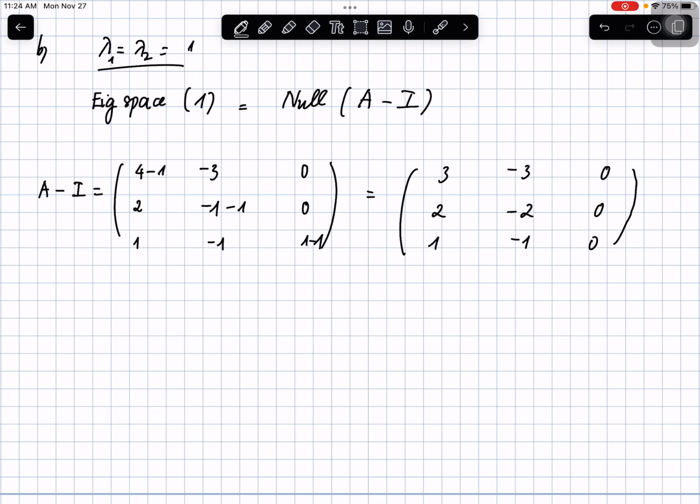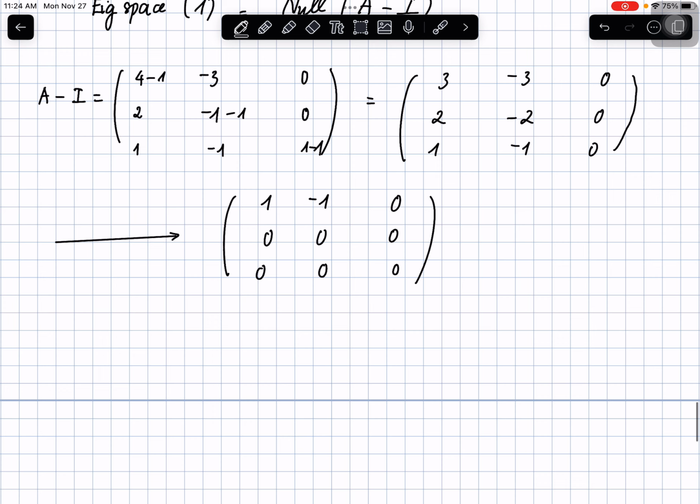Okay, let's do some elimination. Oh no, it's just 1, minus 1, 0, and all zeros elsewhere. So what is the corresponding system? x1 minus x2 equals 0, right? That's all.